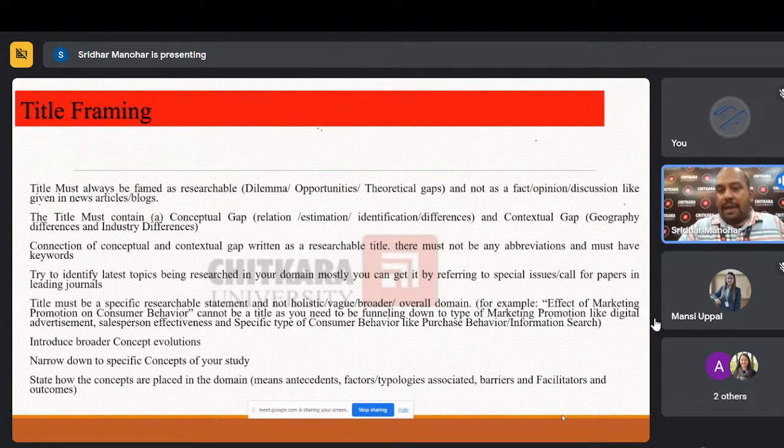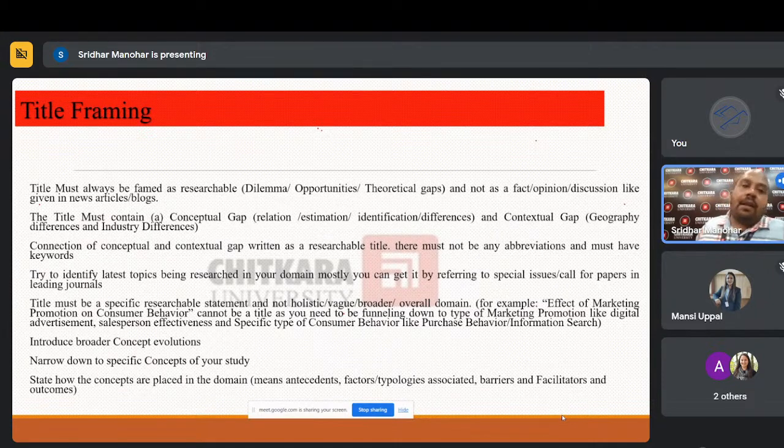So as you start, the first problem that everyone would be facing is the title framing. The thing that the researcher has to keep in consideration is that the title must always be researchable, as explained by Miss Anna. There must be some kind of a theoretical gap or a management dilemma or the opportunities which seek some kind of an answer for society's improvement and development.